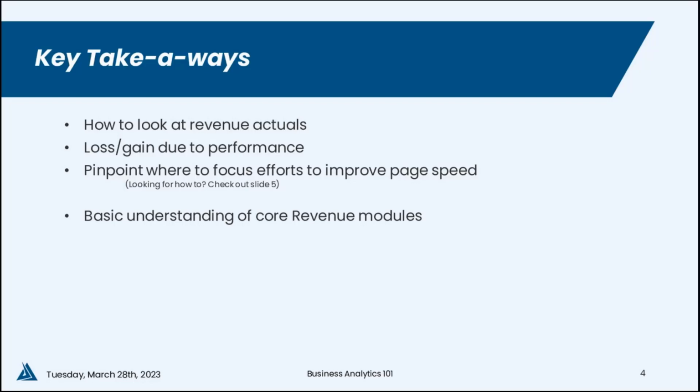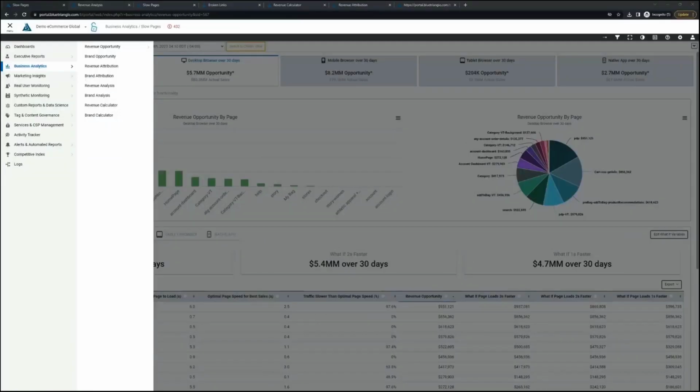So I'm going to stop sharing this. Again, today's session is going to be going over Business Analytics 101. This is going to dive into quite a few different modules in the business analytics portion of our portal. This will not be covering dashboards or viewing revenue coming in live.